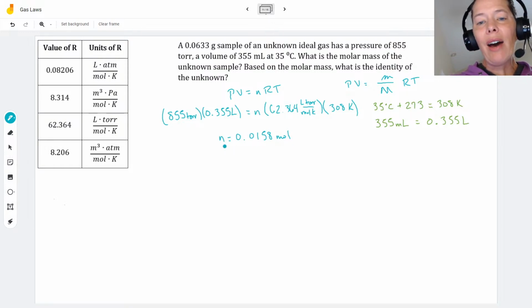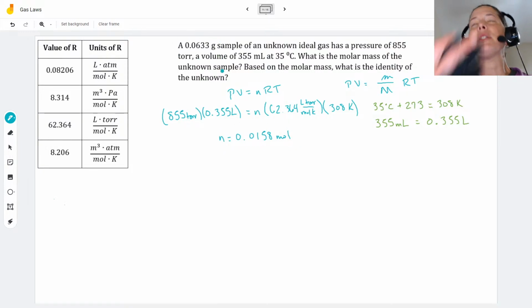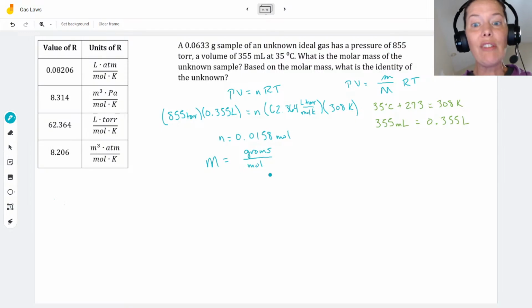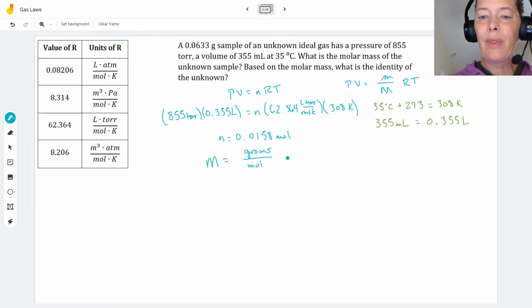So now what I have is the number of moles and I also have the grams. So if I'm thinking about molar mass and I think about the units of molar mass, it's always grams per mole. So I can calculate the molar mass by taking the grams of the sample over the number of moles, and that should give me the molar mass.